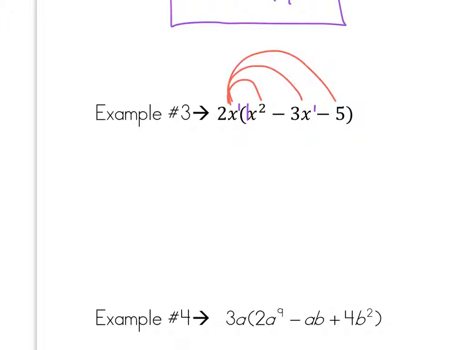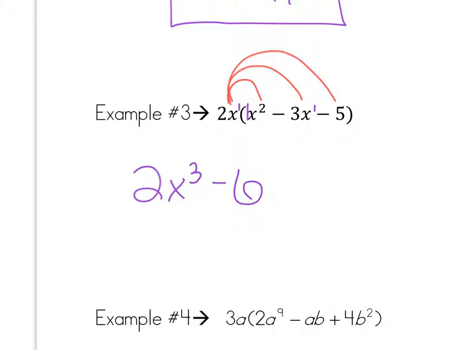I actually have 3 multiplication problems here. So 2 times 1 is 2, and x to the 1st times x squared is x to the 3rd power. Let's keep going. 2 times 3 is 6, and of course that's a minus 6. I should have said 2 times negative 3.